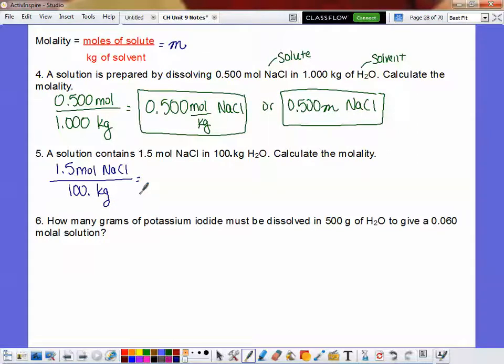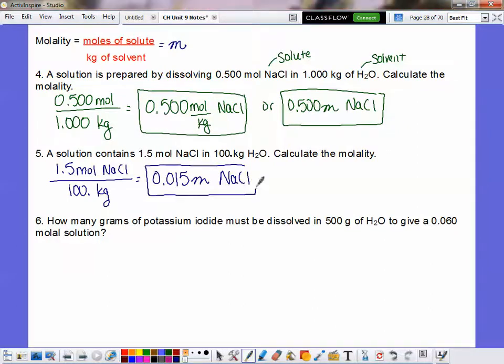So go ahead and calculate that. What is 1.5 divided by 100? 0.015. And then the unit, you can either do moles per kilogram or the fancy baby M. And our label, regardless of how you write the unit, will be NaCl.